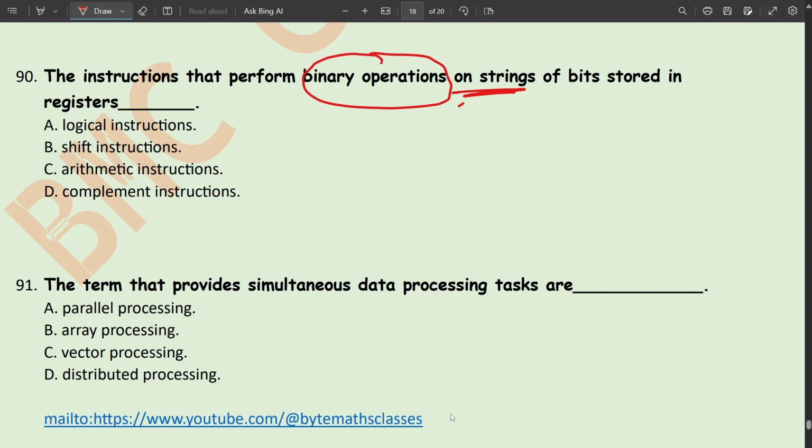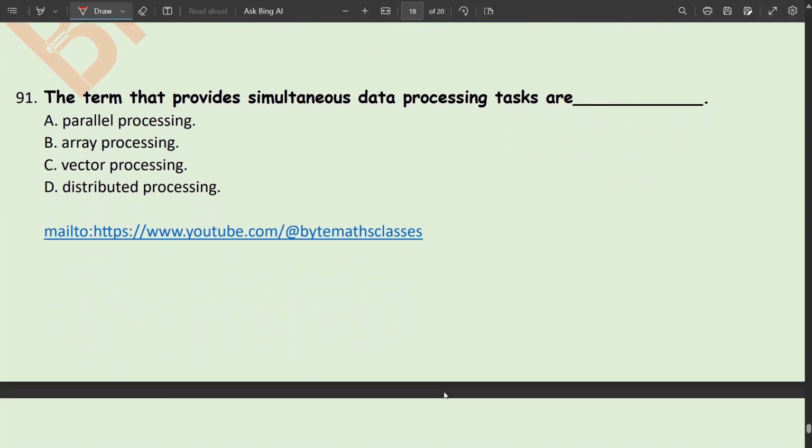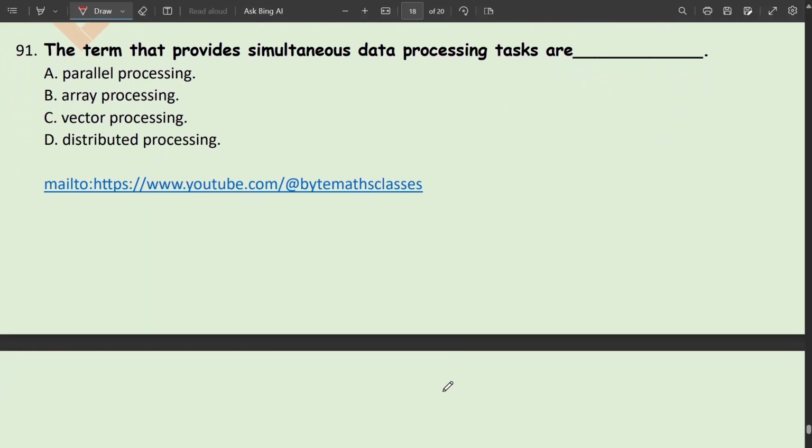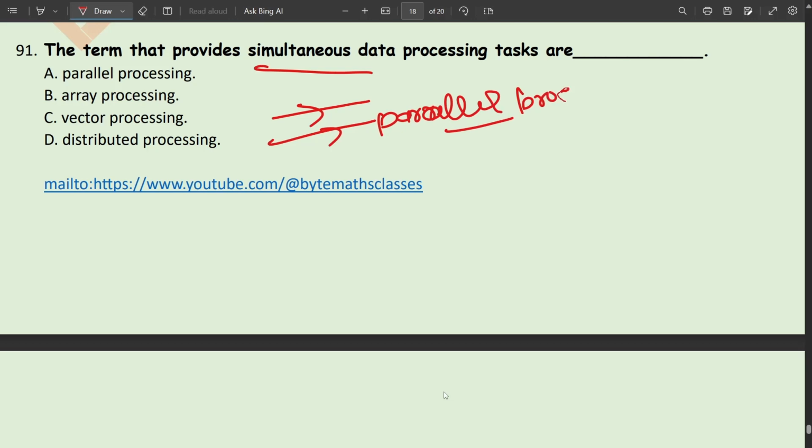So your answer will be option number A, logical instruction. Next, the term that provides simultaneous data processing tasks. Simultaneous means at a time. So the answer is parallel processing. Option number A is correct.